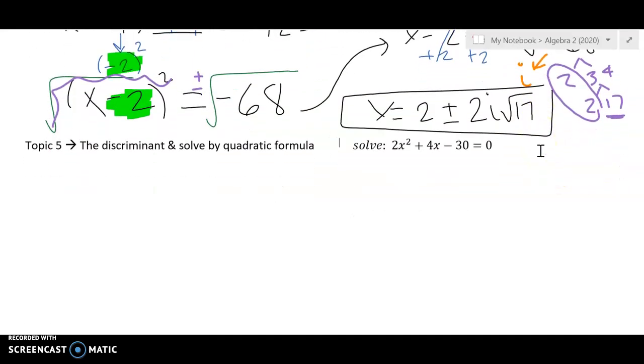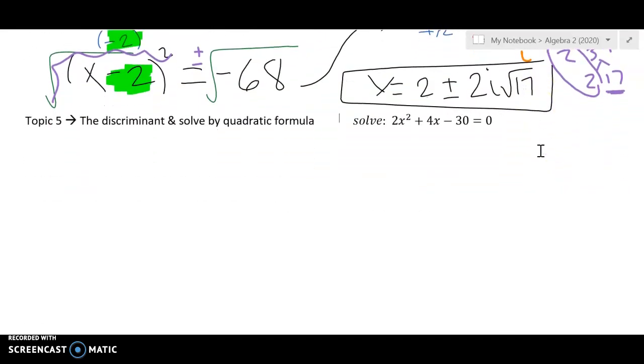The last thing for the review is topic 5, the discriminant and solving by the quadratic formula. So what we did here is, before I started this problem, I went ahead and labeled a, b, and c. a is the yellow one, the number in front of x squared, that's 2. b is the blue one, the number in the middle next to x, that's 4. And c is the number on the end, which is negative 30 for this problem.